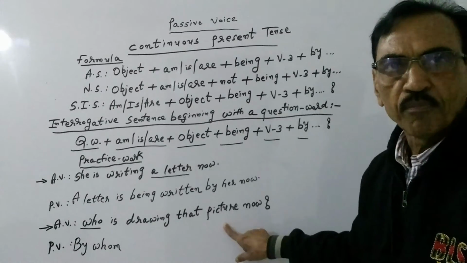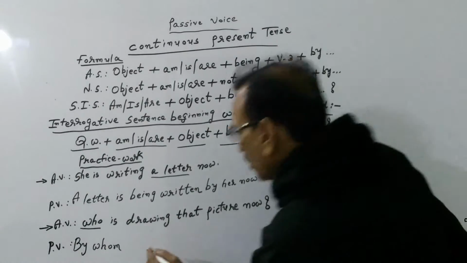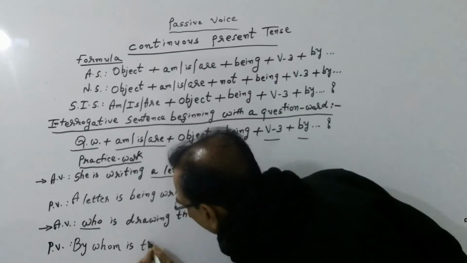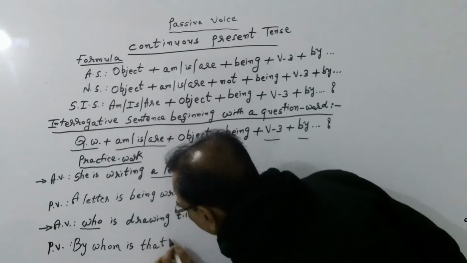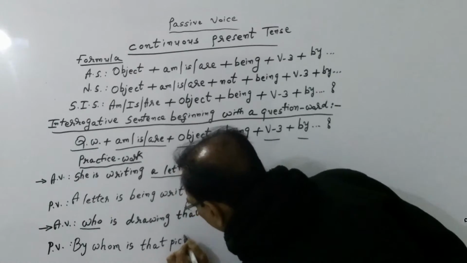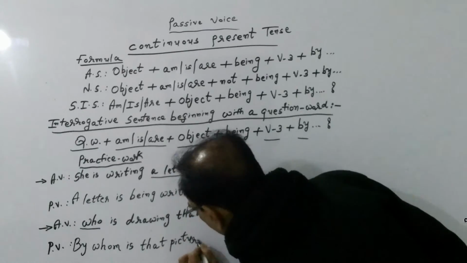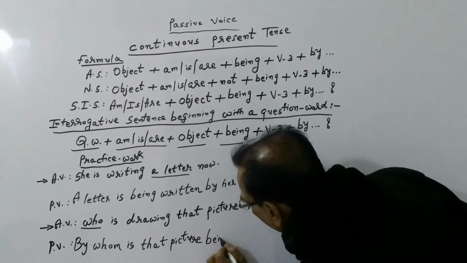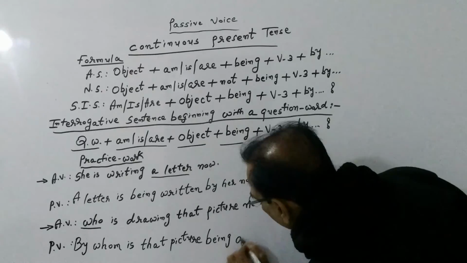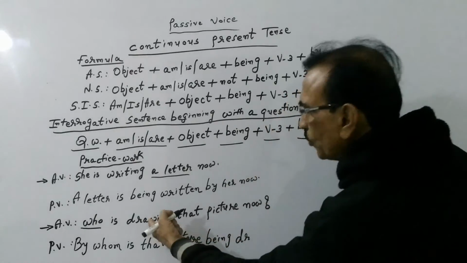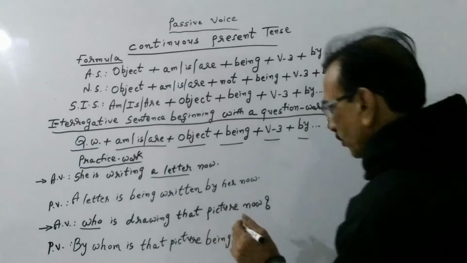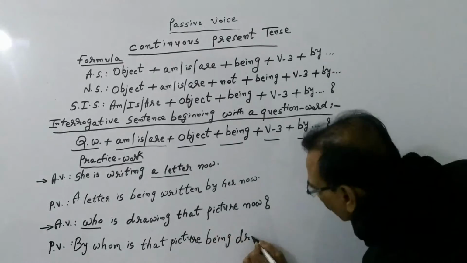This is singular, so I would use is. By whom is that picture being drawn? Draw, drew, drawn, friends, D-R-A-W-N.